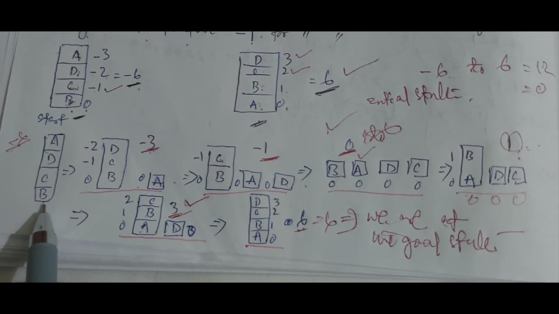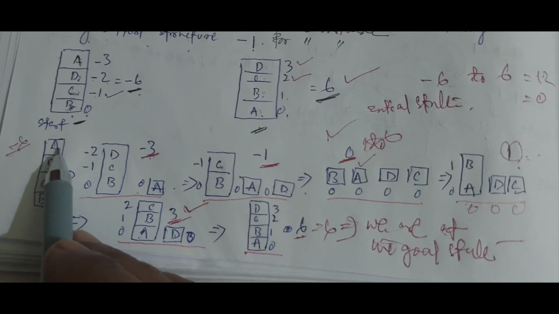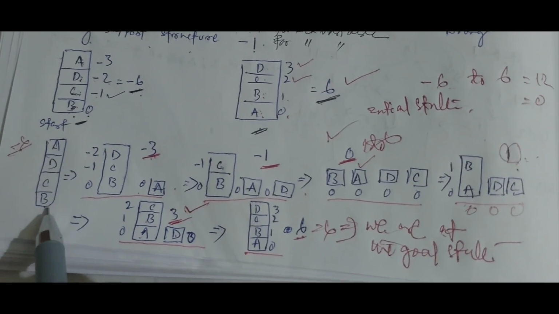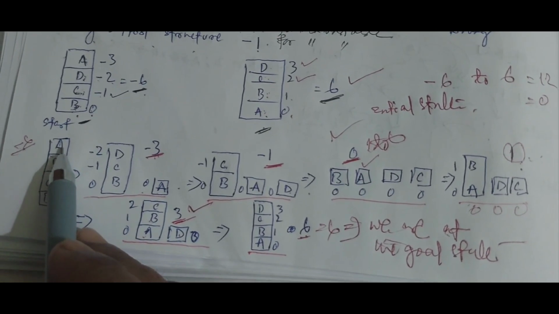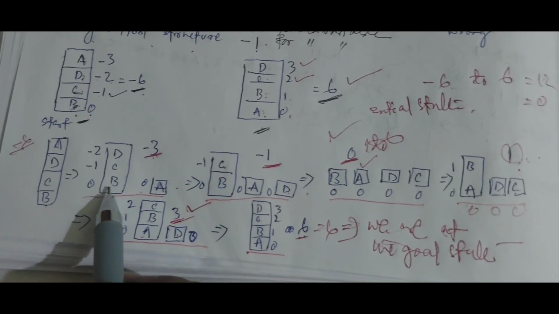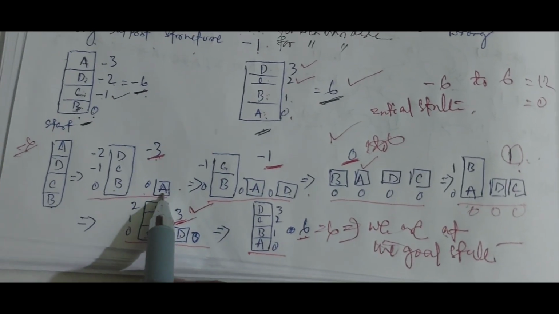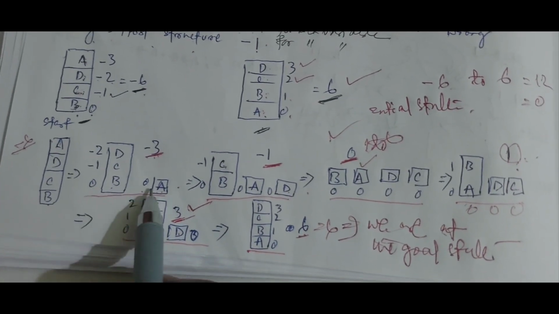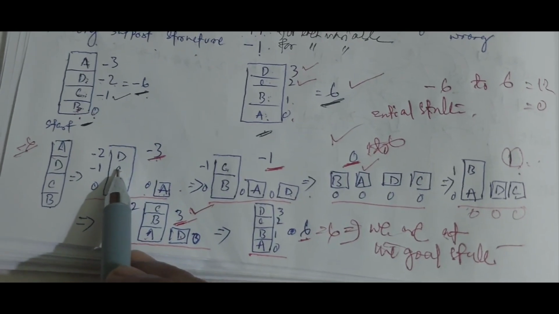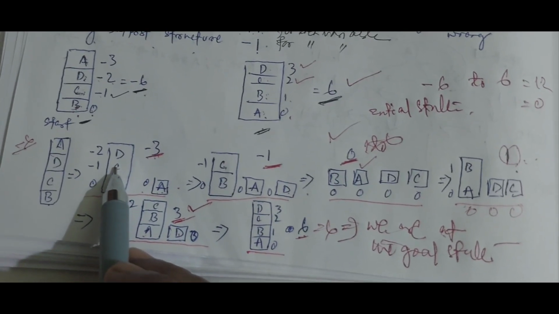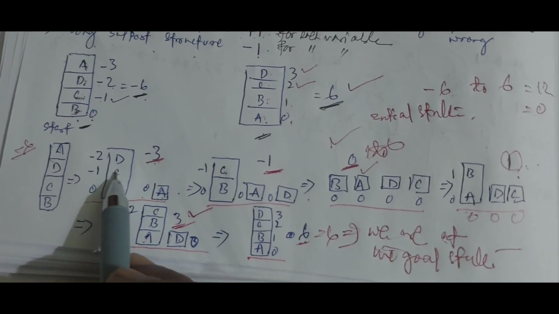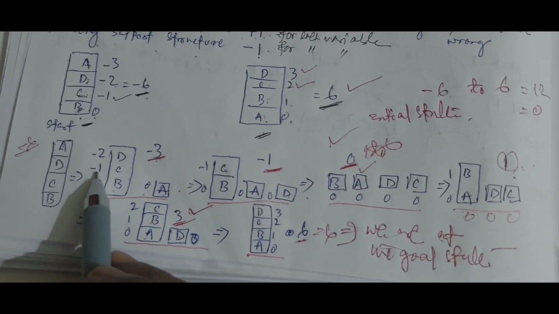On the first step, I will move this A down. On the initial state it was -6, and I will put A down to the base. So it becomes BCDA, and the base value will be 0 as per the formula. C is at the wrong structural position because A is not here. Under C, 1 variable is there, that is -1.